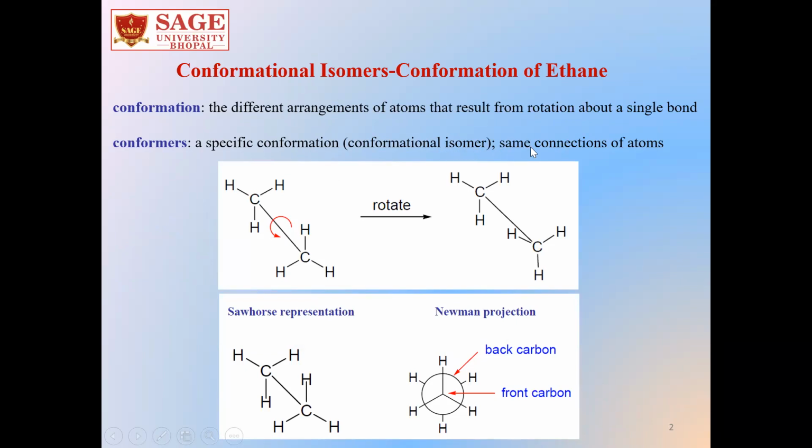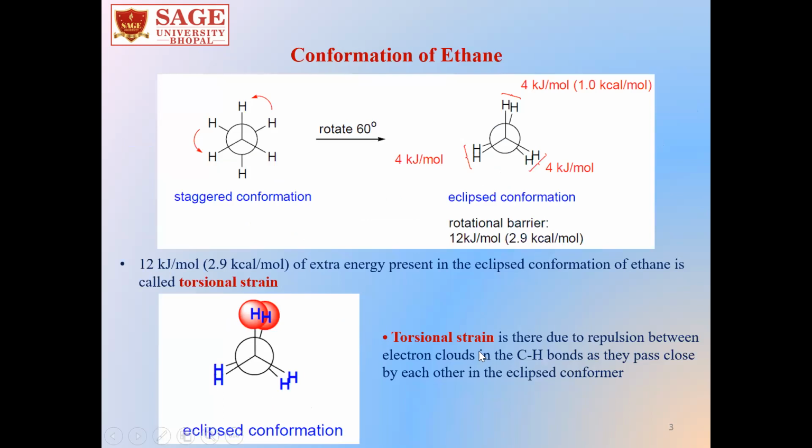So these have the same connection of atoms. The atom connectivity will be the same, but we will get a different molecule only by the rotation of this carbon-carbon single bond. As we previously discussed, this is the sawhorse representation and this is the Newman projection, where the front carbon is represented as the dot and the back carbon as the circle.